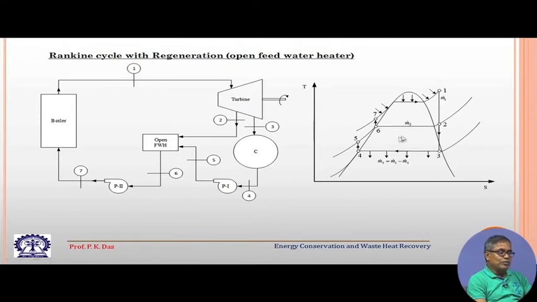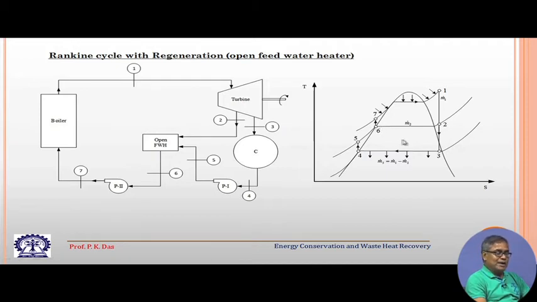So now we will do an energy balance for the feed water heater, which I have also written earlier: steam with enthalpy at point 2 is entering the open feed water heater, condensate with enthalpy at point 5 is entering the open feed water heater, and from the feed water heater liquid water at saturated liquid condition, at condition 6, is going out.